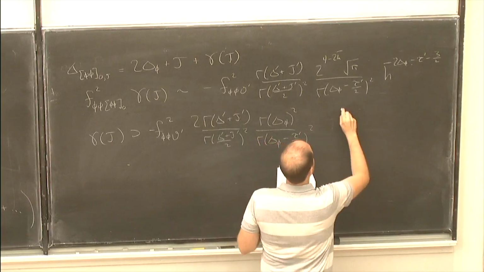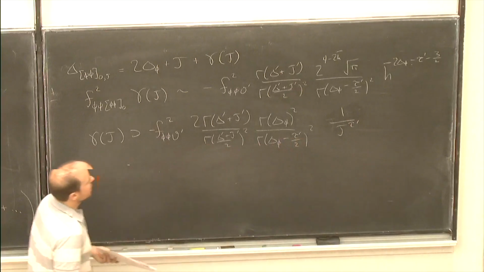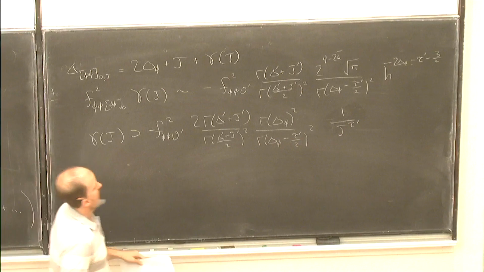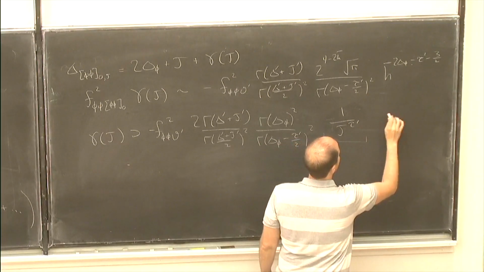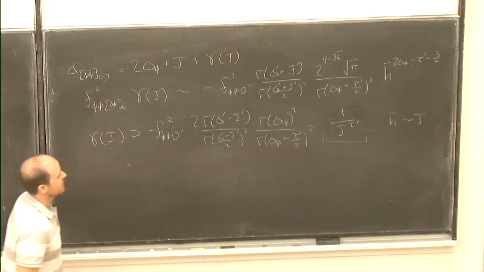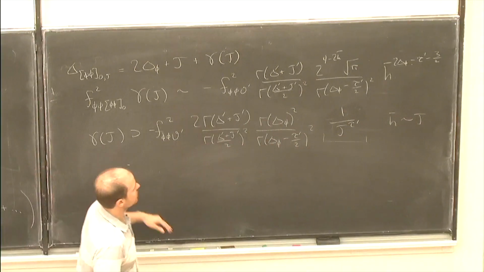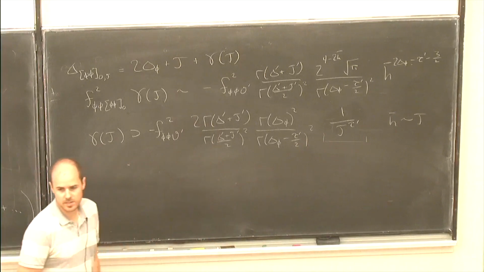I'll write it like this, 1 over j to the tau prime. Okay, so the key point is this. So here I'm writing again that h bar is approximately the same thing as j in the large j limit. So we get a contribution to anomalous dimensions that goes like 1 over j to the tau prime, where tau prime is the twist of some operator in the T channel.